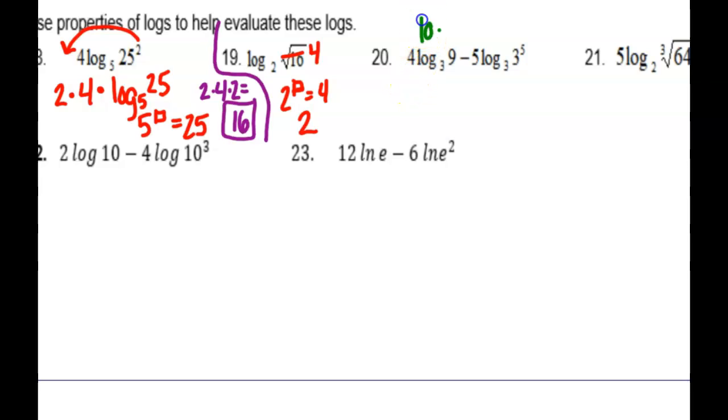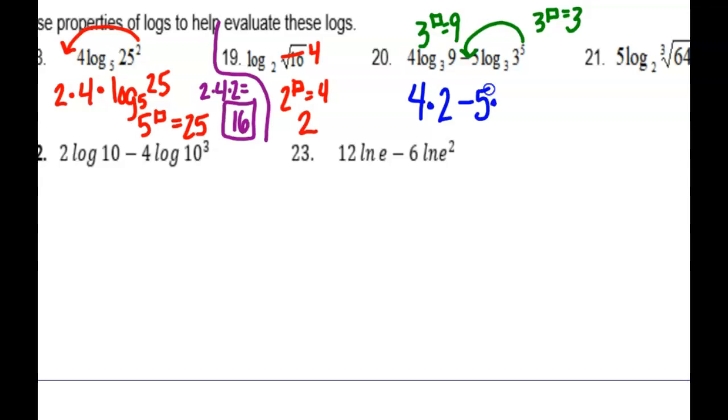Well, maybe we do this. Just trying to think where to write these. But this means 3 to some power equals 9. And if we move this 5 out in front here, we'll have log base 3 of 3. Means 3 to some power is 3. All right, so this is 4 times, what was the answer up here? 2.